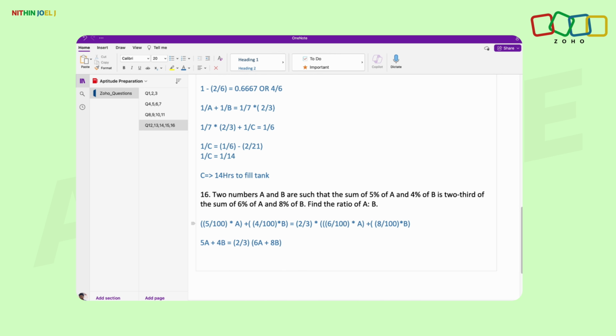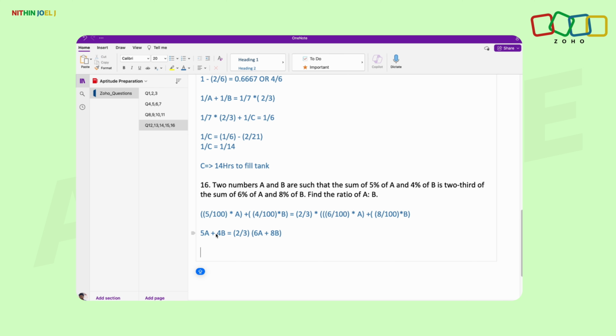So I'm bringing all the A on the left hand side and all the B's on the right hand side, and multiplying the right hand side with 2 and the left hand side with 3. So first let's do this multiplication, because we have 2/3 over here. So this becomes 15A plus 12B, which is equal to 12A plus 16B over here.